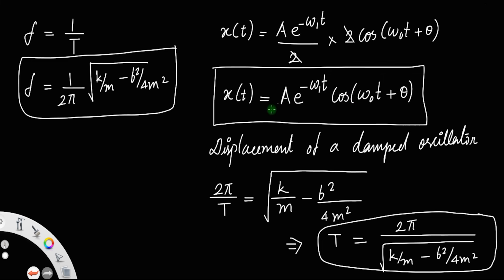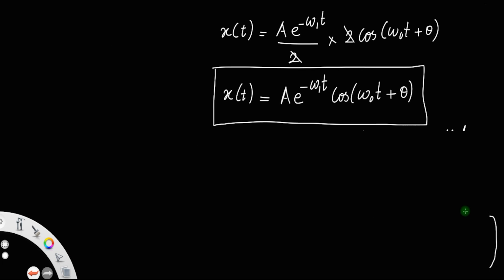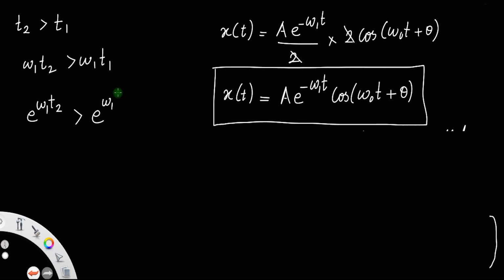Now if you look at the displacement, take this equation again. Let's take a time t2 greater than t1. Suppose t2 equals 4 seconds and t1 equals 1 second, or any time t2 greater than t1. We have omega 1 t2 greater than omega 1 t1, going by the inequality. Also e raised to omega 1 t2 is greater than e raised to omega 1 t1.